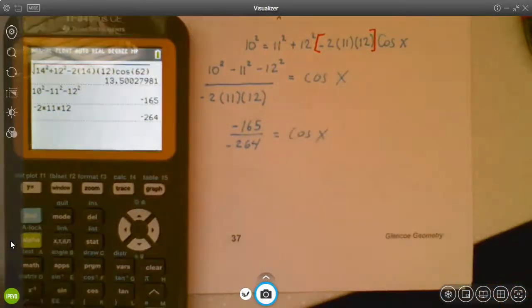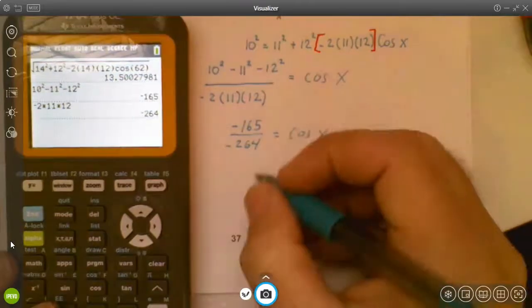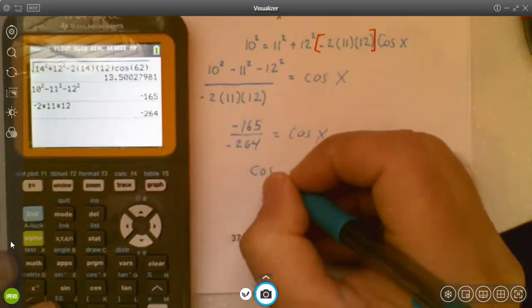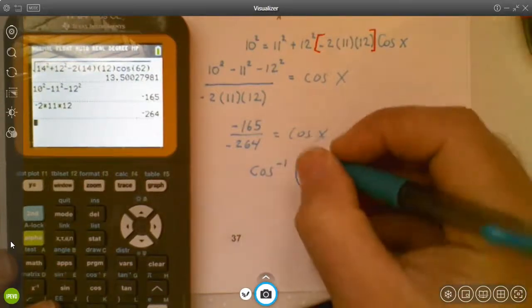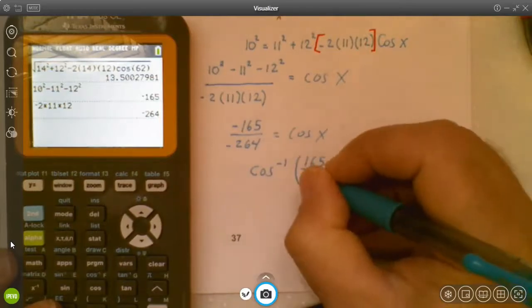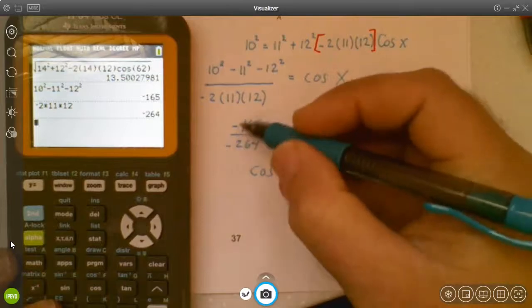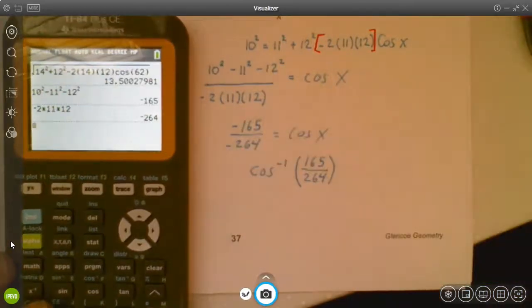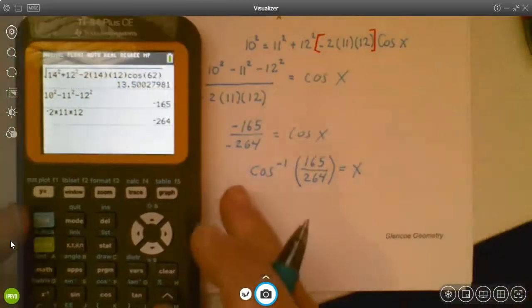Okay, so remember how we did these in our previous lesson, that if I'm solving for an angle, the only way to get x by itself is with an inverse trig function. So I'm going to do the inverse cosine of my ratio, which is 165 over 264. And I'll just turn those into a plus because it's like that double negative, right? Negative over a negative is positive. So that's how we can get x by itself. Let's type that in from there.